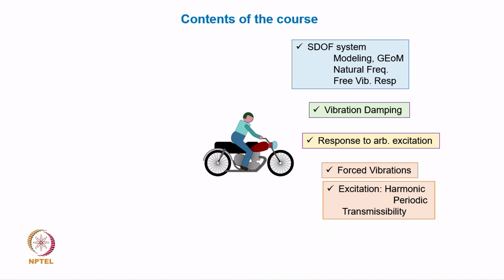Then we looked at how a periodic excitation, wherein the forcing function is not strictly a harmonic function of time, can be accounted for by making use of the linearity assumption and invoking the principle of superposition. So, the response to periodic excitation was investigated. These are all what we have learned till now.